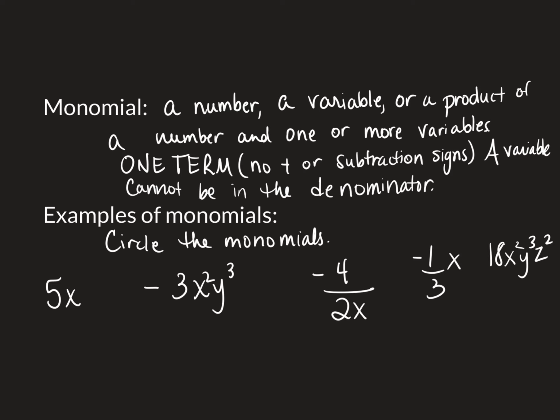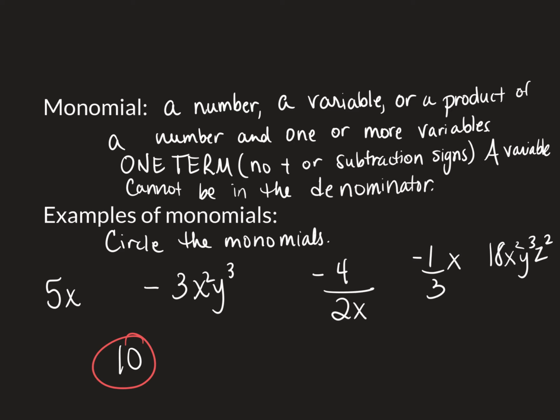Now we're going to circle the monomials. Let's see if it fits the description. I'm going to add one more. So I'm going to add the number 10 to the list, and that's it. So 10 is a number. That's a monomial.